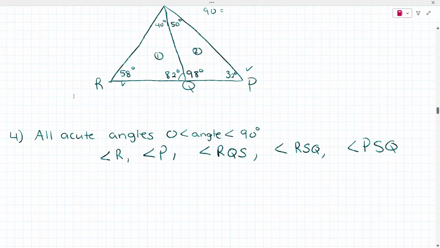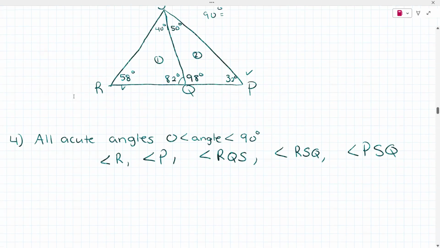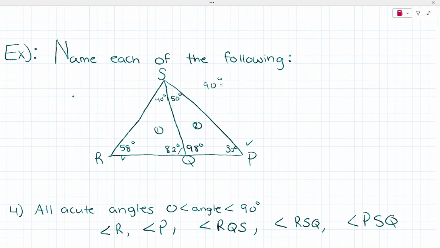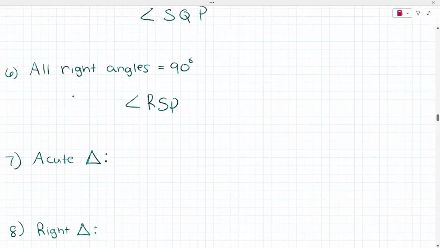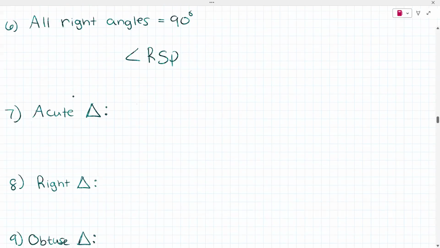So one acute triangle would be triangle RSQ. Why is it RSQ? If you look at all the angles, 58, 40, 82, none of them are 90 or above. They're all acute, they're all different, and they're all less than 90. So one triangle would be triangle RSQ.